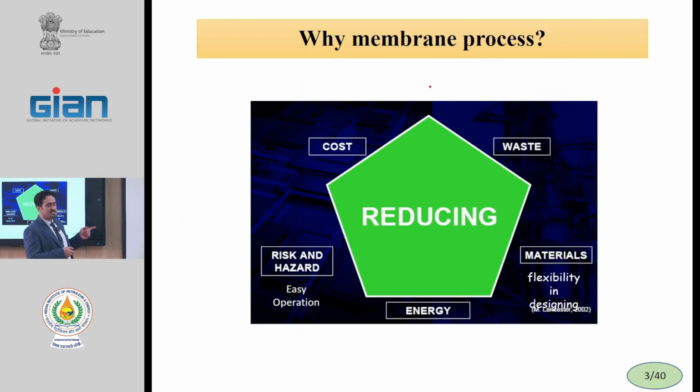But in most cases, we have a physical separation and no need for any phase change in liquid or gas. For example, in distillation, we must boil the water and transfer it from the liquid phase to the gas phase for separation, and this phase change needs very high energy. But in membranes, we have no phase change.